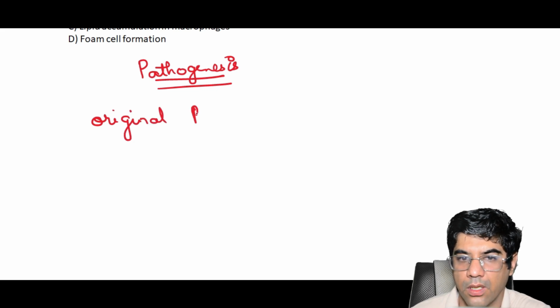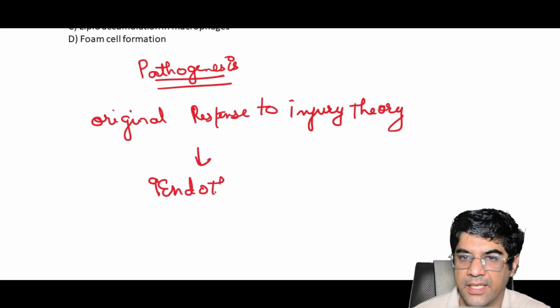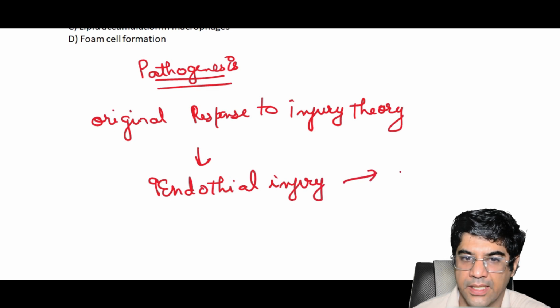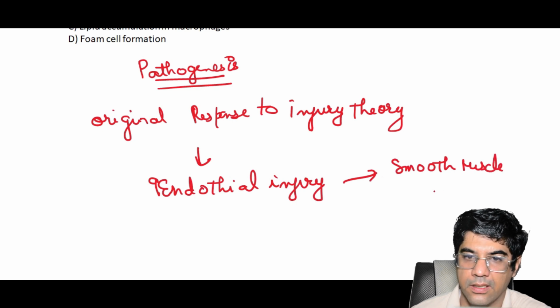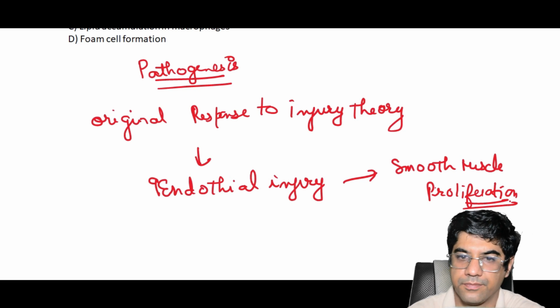According to the original response to injury theory, it was considered that there was endothelial injury that led to smooth muscle proliferation in the early lesions.